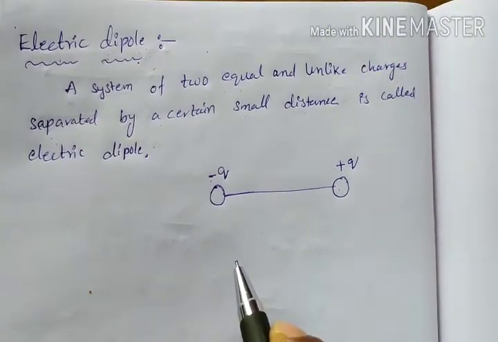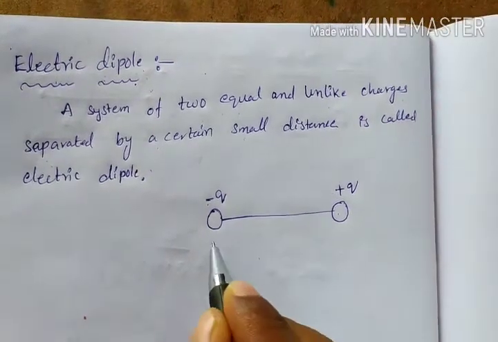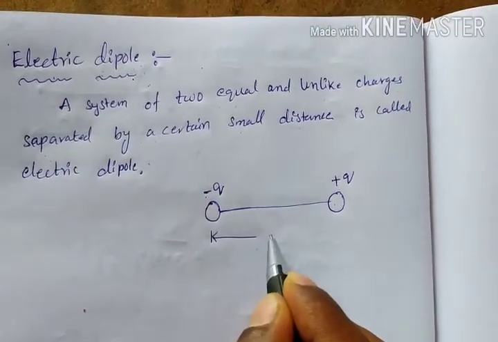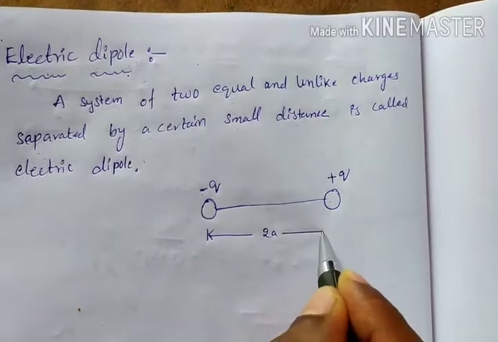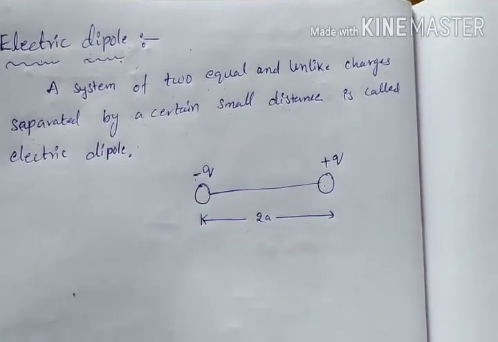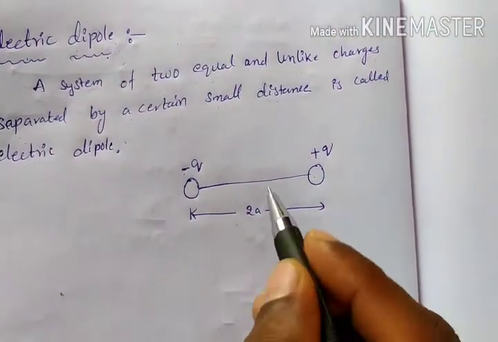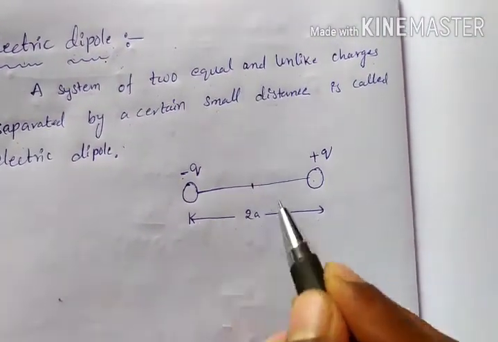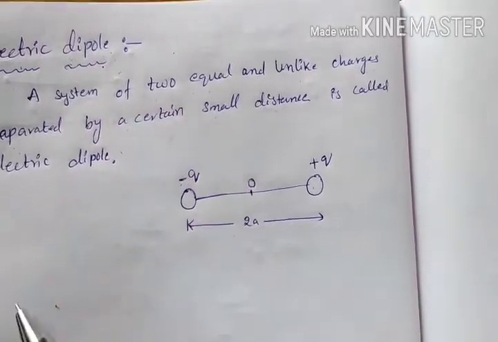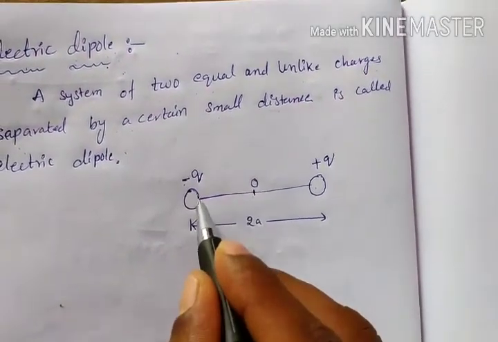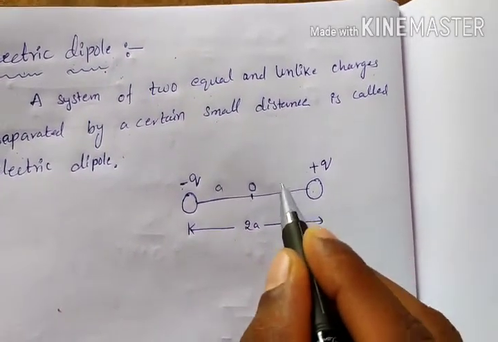The distance between the two charges of the dipole we always take as 2a. Because every dipole has a center, here is the origin. From here to here is a, and from here to here is a.